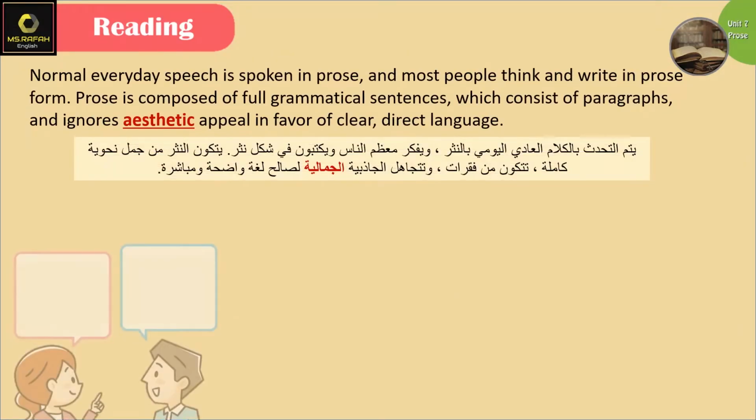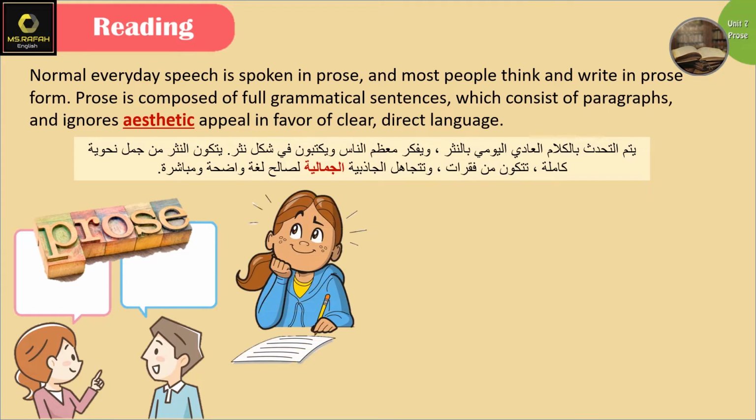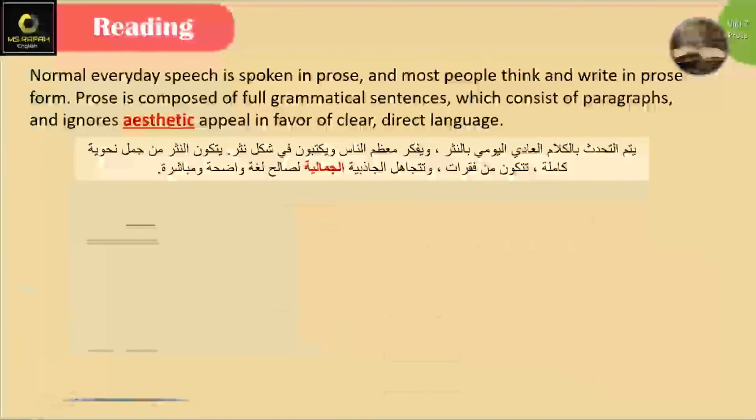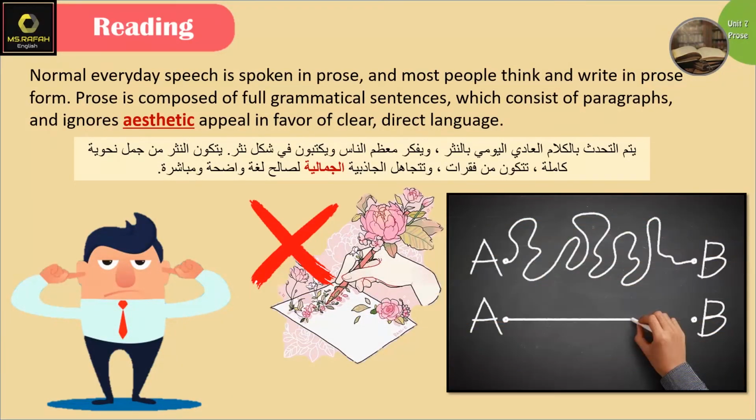Normal everyday speech is spoken in prose, and most people think and write in prose form. Prose is composed of full grammatical sentences, which consist of paragraphs, and ignores static appeal in favor of a clear, direct language.